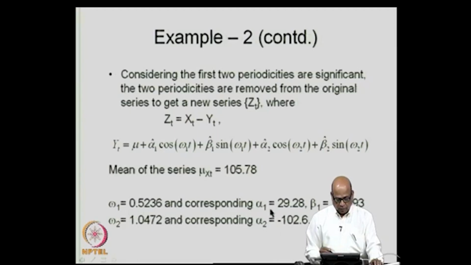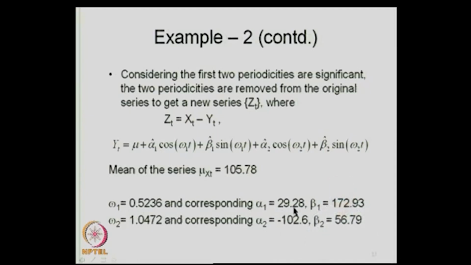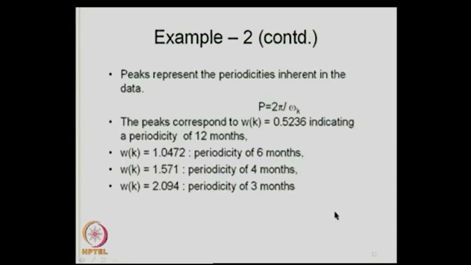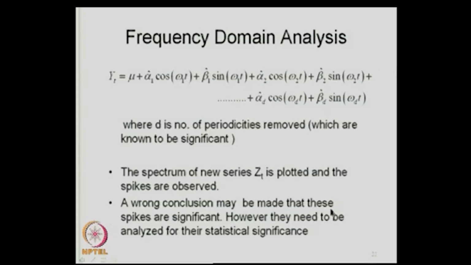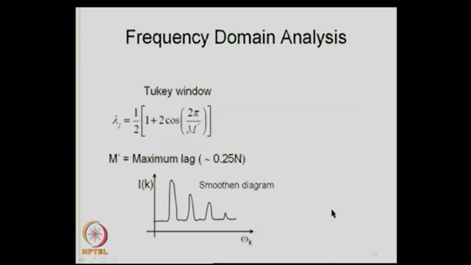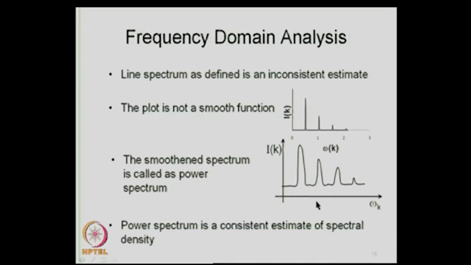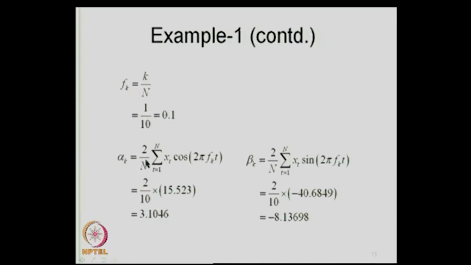So, omega 1 is this and the corresponding alpha 1 is 29.28 and beta 1 is 172.93. Now, these are obtained from your earlier expressions, if you recall alpha k and beta k, they are written here. So, for a given value of k, you know how to get alpha k, you know how to get beta k. So, k is equal to 1 in the first case.